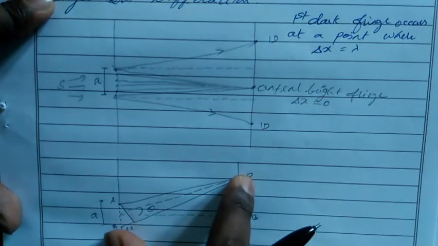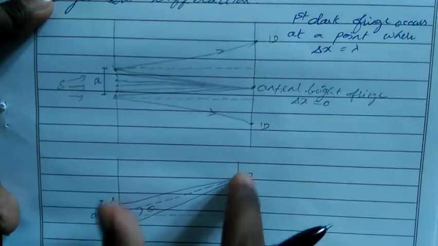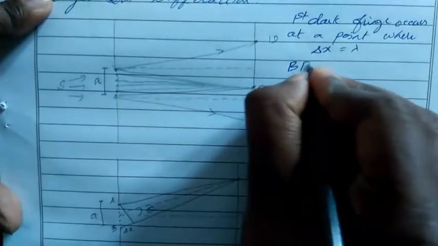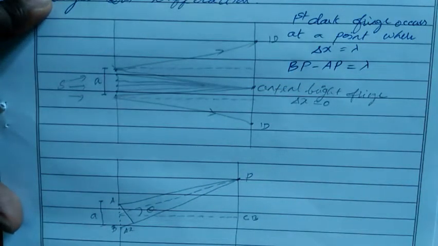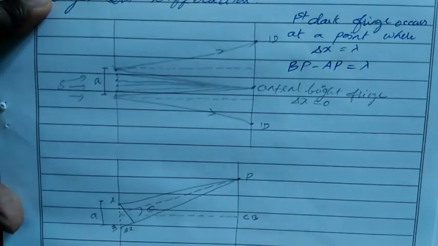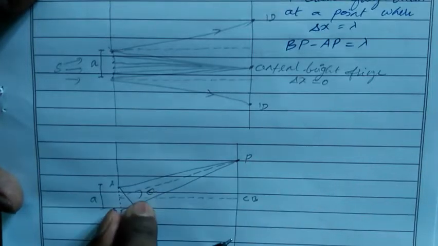If BP is 15, then AP may be 13, 12, something like that. So BP minus AP gives the path difference. We can take BP minus AP equal to lambda. Correct? So what is BP minus AP? We solved this in YDSE, Young's double slit experiment, where we drew the same diagram and found the del x value.